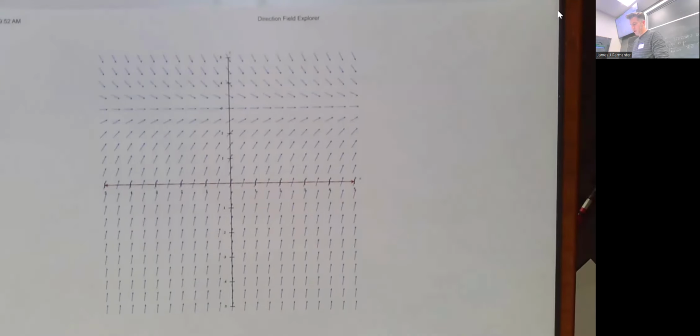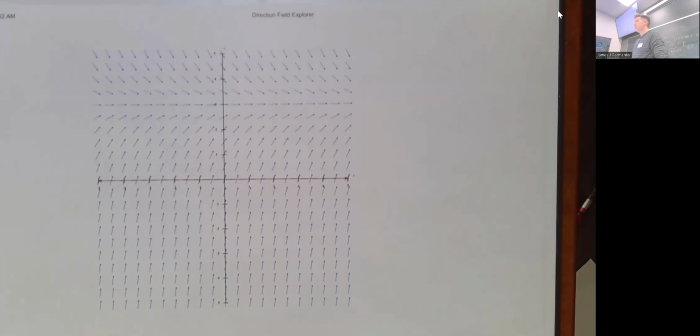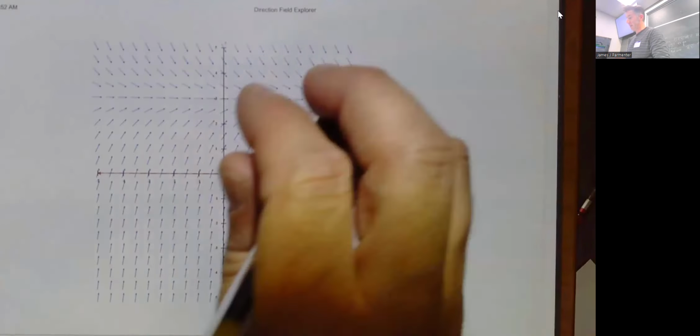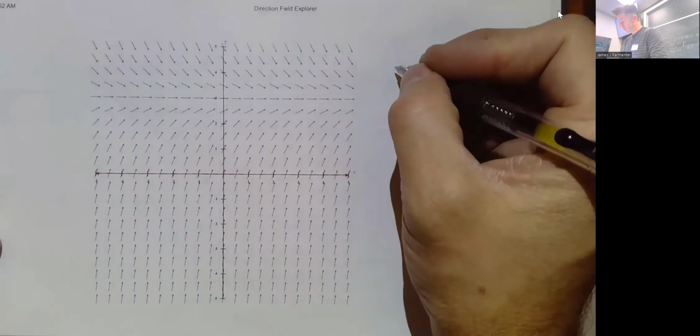All right. So there's a direction field, which we have not been given the equation for. One thing we often like to talk about here is where is the equilibrium, or what is the equilibrium?